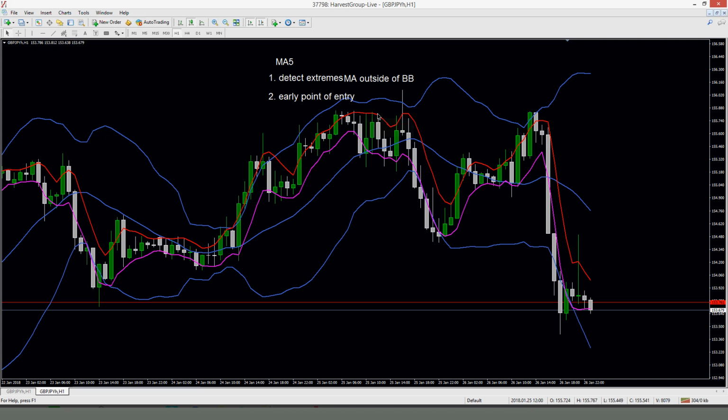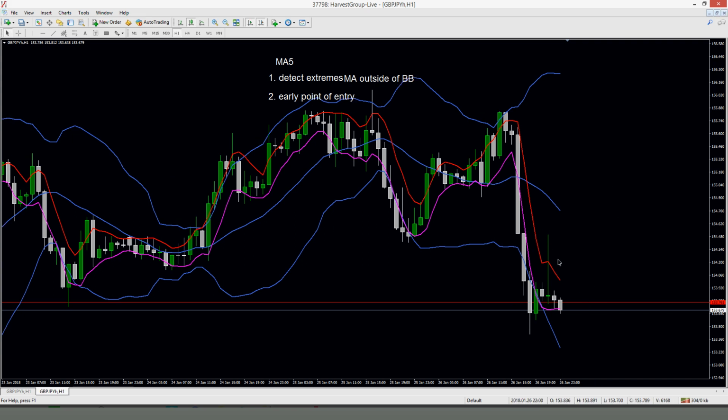So here you can see that the candle rejects MA5 high. So these are actually a point of entry sell. And over here you see that the candles are rejecting MA5 low. So this is a candle re-entry buy. So this is a point of entry for sell and buy.